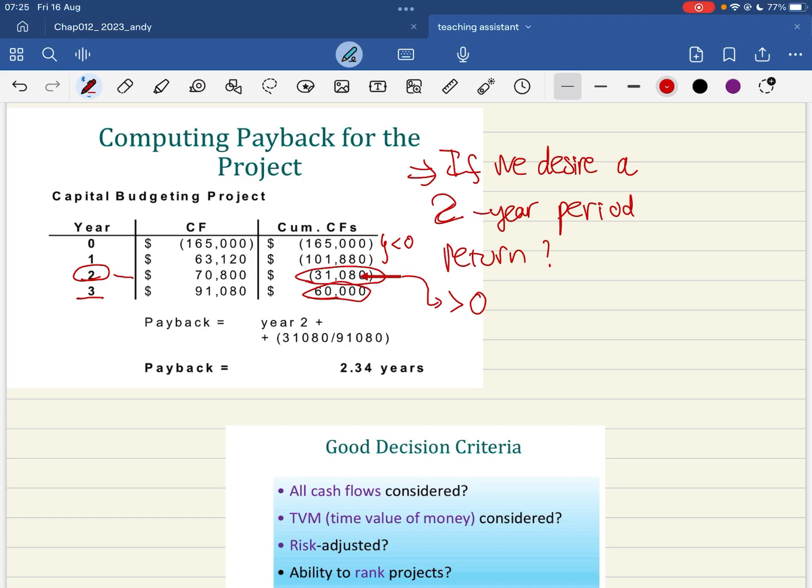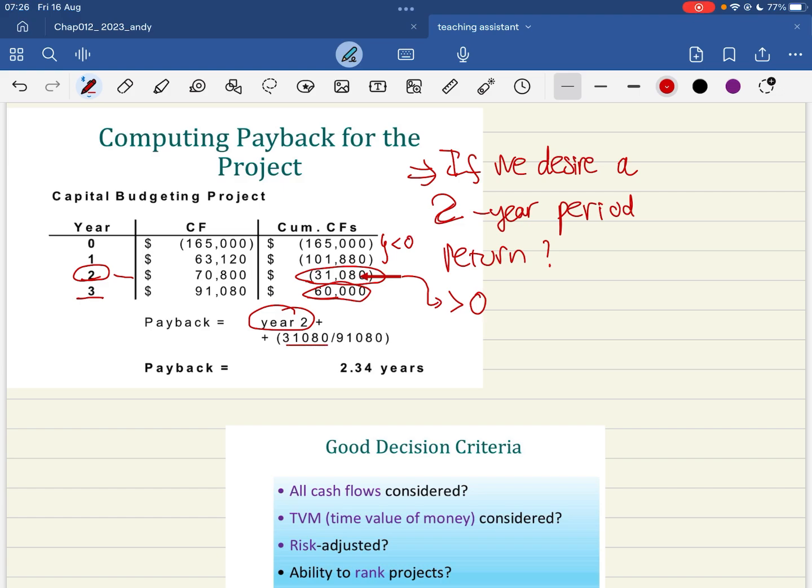Therefore, in the formula, it is indicated that we have year number 2. So we use year number 2. Year number 2 stands for the year which is closest to the year when we start to generate positive cumulative cash flow. Then we use the cumulative cash flow of year number 2.